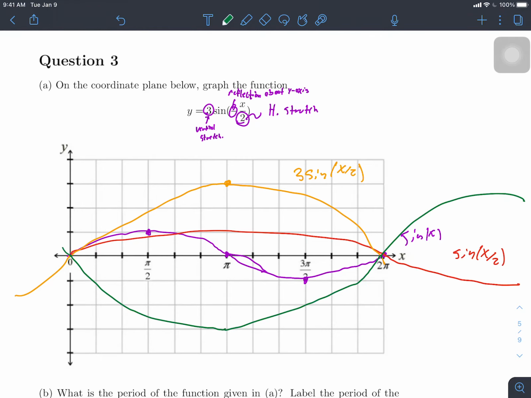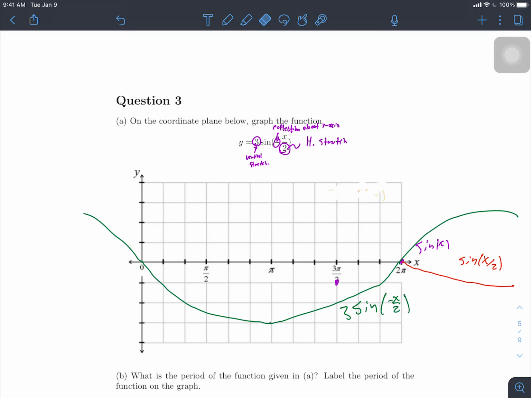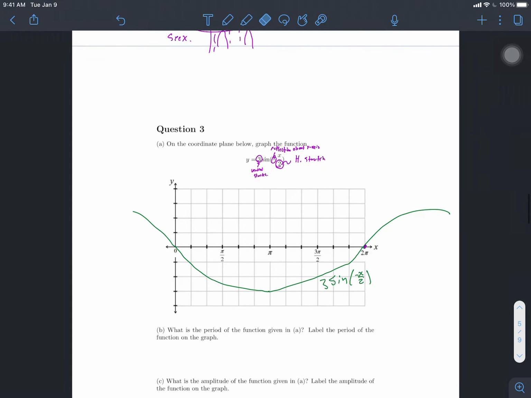So this is 3 sine of negative x over 2. Let me get rid of these because I'm going to need to do some other drawings. So this is what this graph looks like.